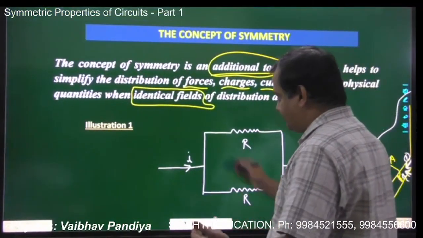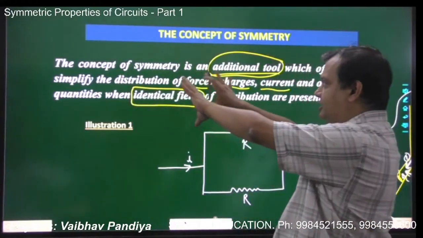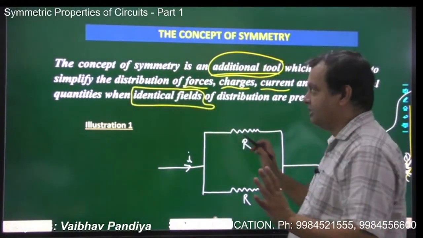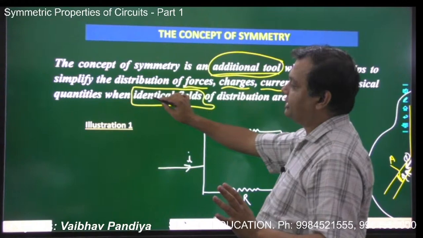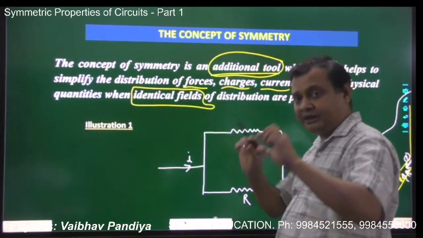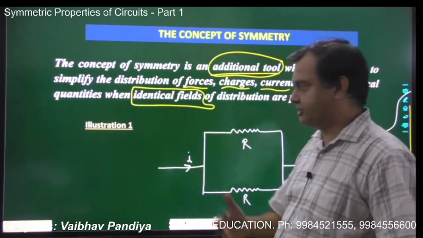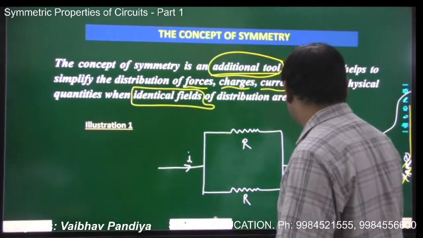So in circuits, the field will mean branches. This is something generalized which can be applicable in all the cases. In the present lecture, we will focus on electric circuits. In that concept, the field will convey the branch, and the quantity will convey the charge or current, depending on whether we are dealing with the resistor or the capacitor.